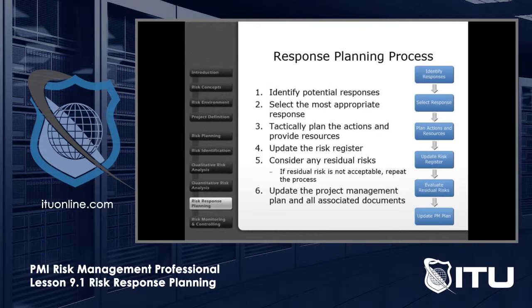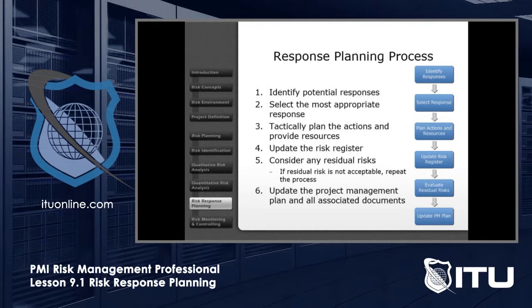We then update our risk register with that information on our response. And then we want to say, okay, is there any risk remaining? Residual risk, think of residue. After we take this response, is there risk remaining? Is it acceptable or not? If it's not acceptable, we repeat the process. What other action should we take? What other response should we take?